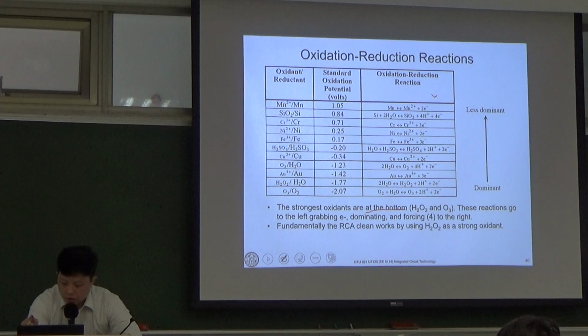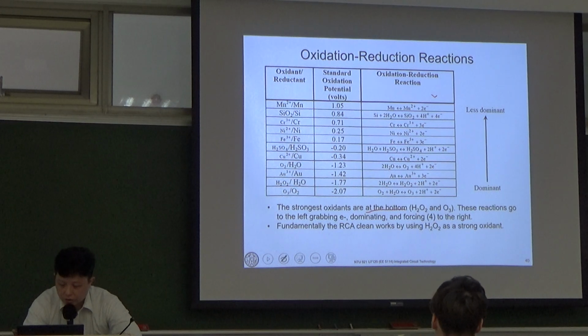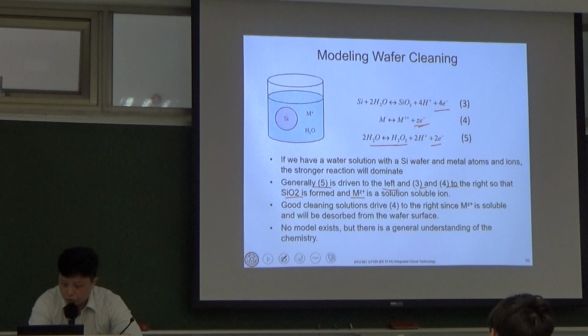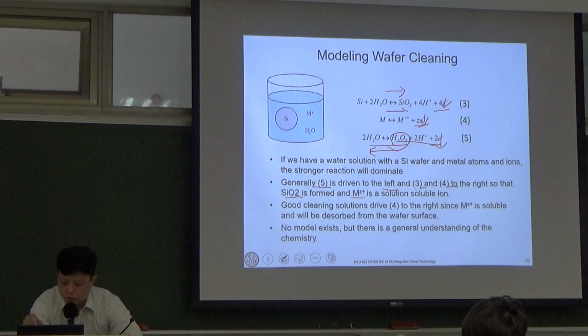These reactions go to the left, grabbing electrons. If you have a strong oxidant, you will go to the left, which reduces the electrons. That makes equations 3 and 4 go to the right, because you have fewer electrons.